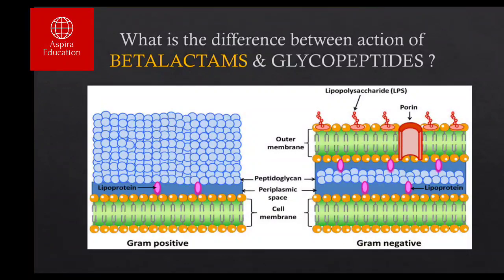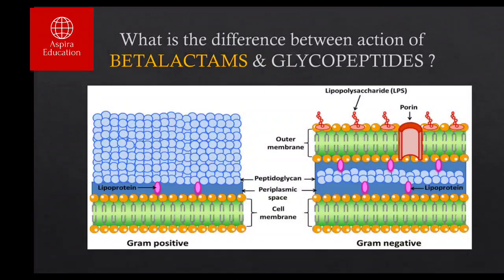Now if we see the structure of gram-positive and gram-negative bacteria, one thing we can see is that gram-positive bacteria have an outer surface made of peptidoglycan. Gram-negative bacteria have a distinctive bilipid outer membrane and the peptidoglycan is not exposed.